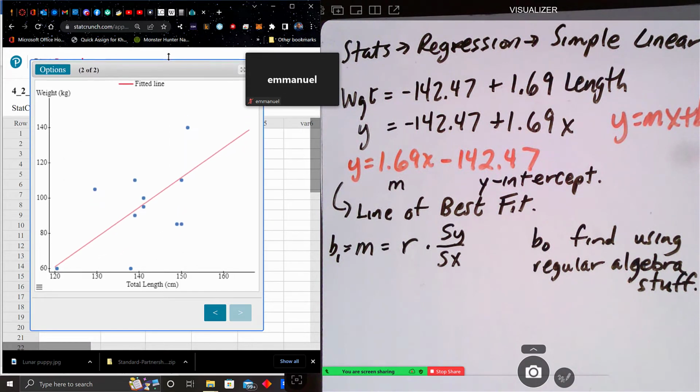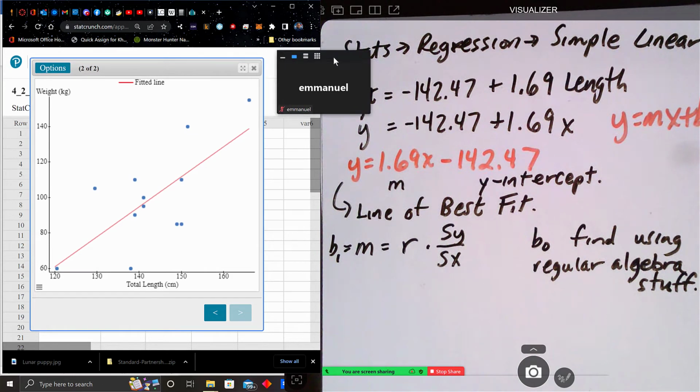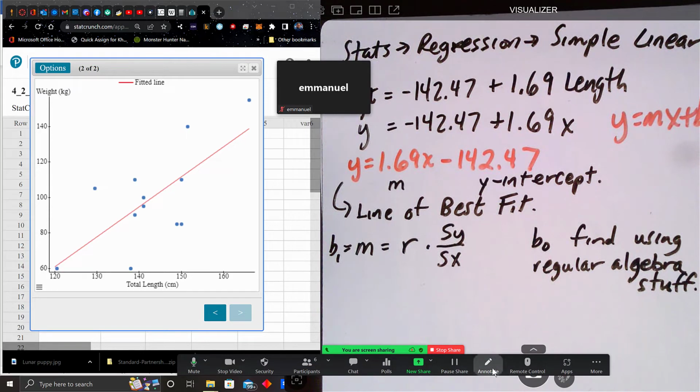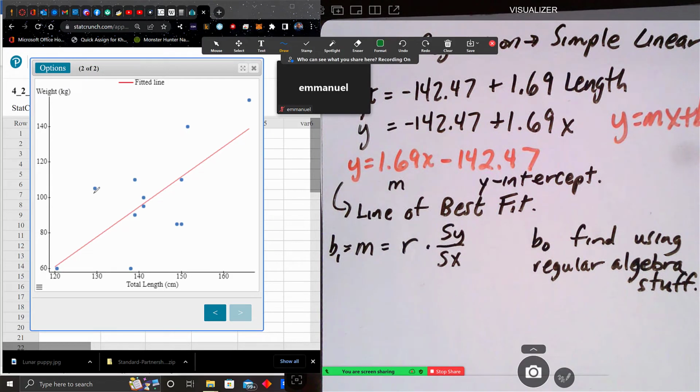And remember, I told you with the ones I did earlier, the way they're finding this is they are doing the vertical distance between these points and the line, and they're trying to find the line that has the minimum value on this.